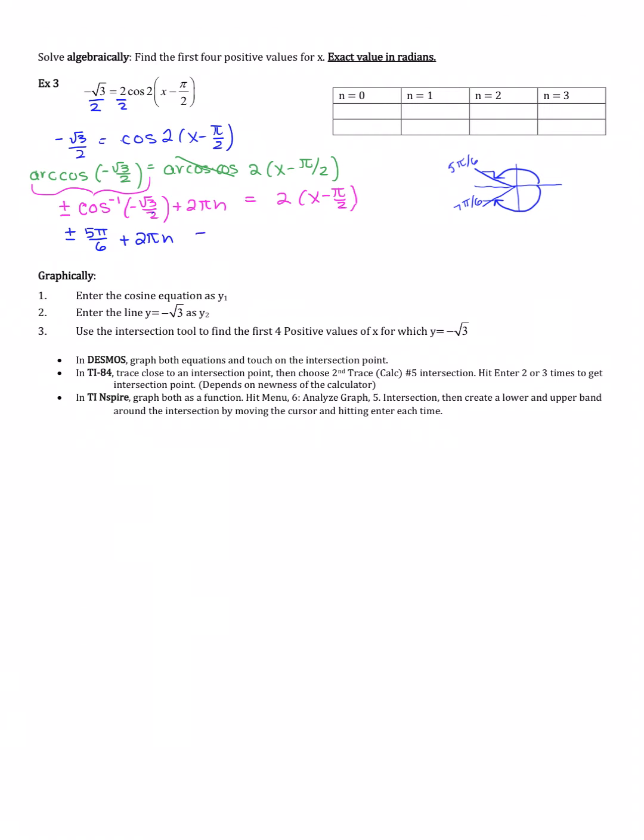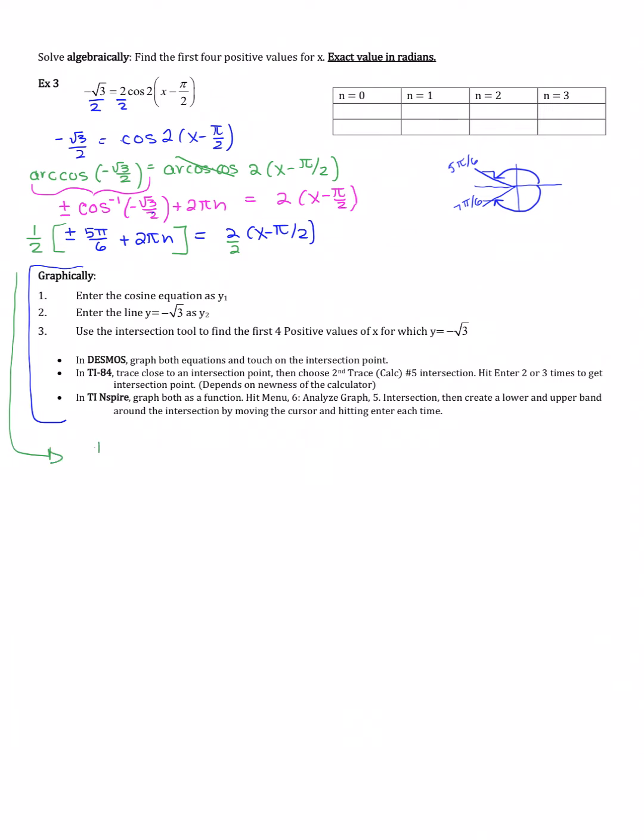So this is going to then equal 2 times x minus pi over 2. I'm going to ignore all this stuff for a minute because it's in the way. So we have to still solve for x. So I'm going to multiply everything by a half. And I'm going to continue down below.